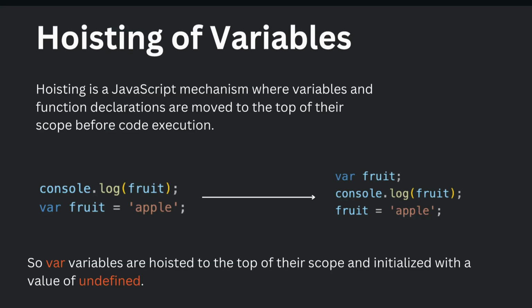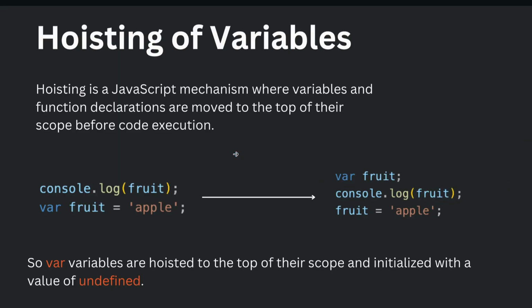Here we are trying to access fruit before its declaration, but because of the hoisting mechanism, var fruit is actually declared above. So var variables are hoisted to the top of their scope and initialized with value undefined. Here if we console log the value of fruit, it will be undefined.